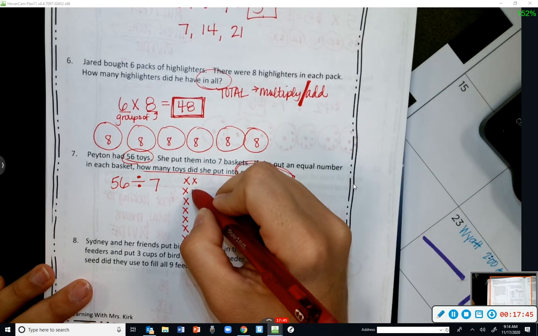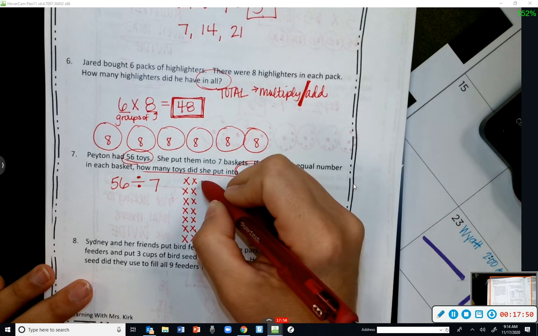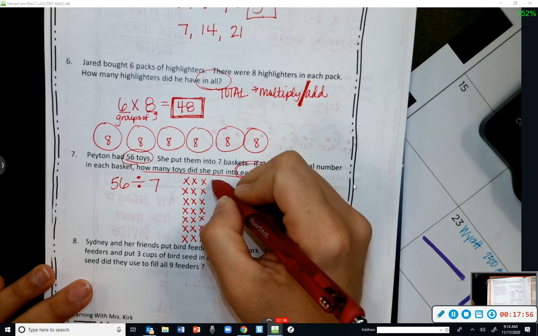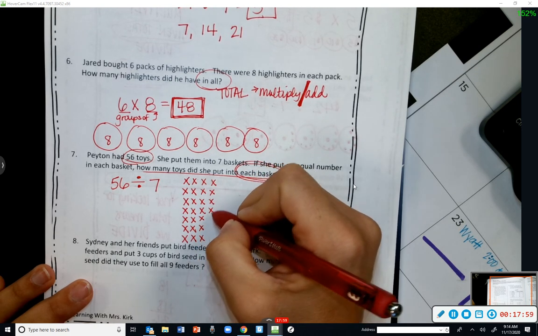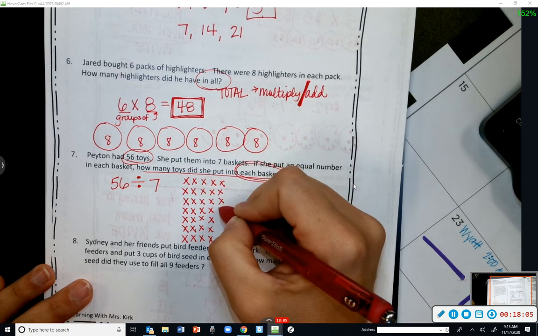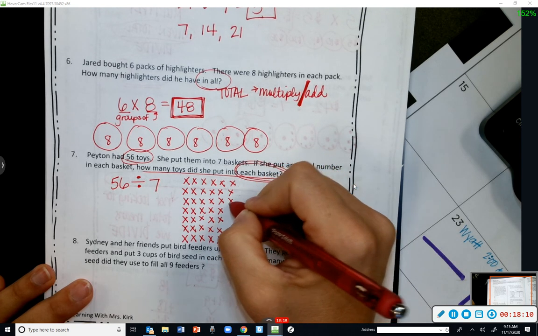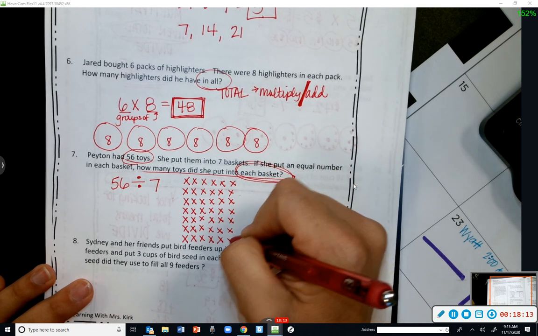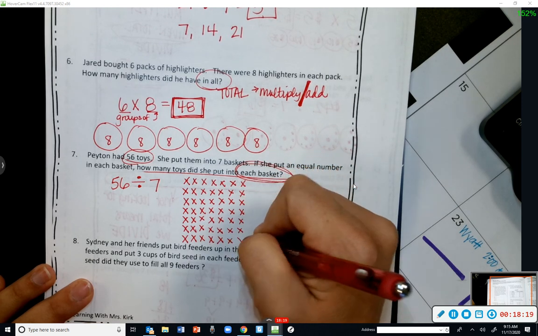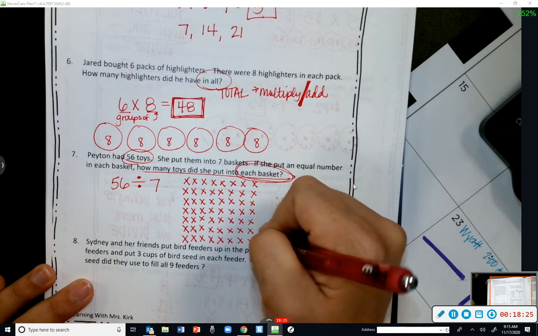So this would be 8, 9, 10, and so on, up to 56.